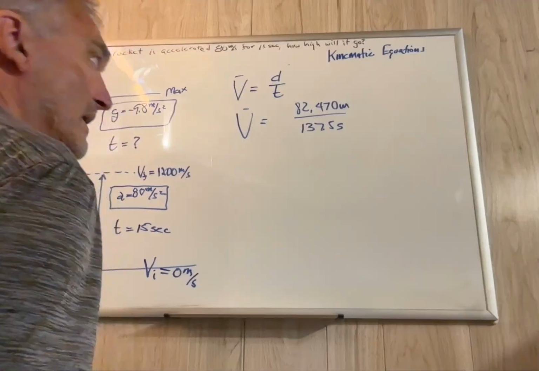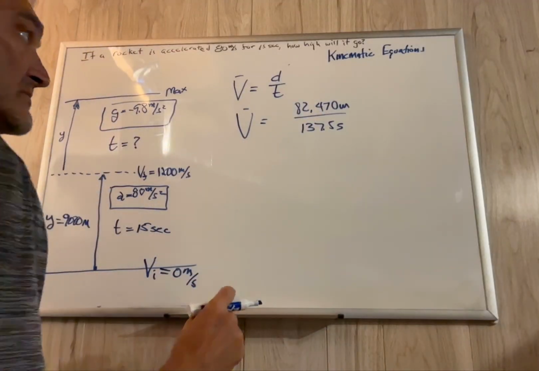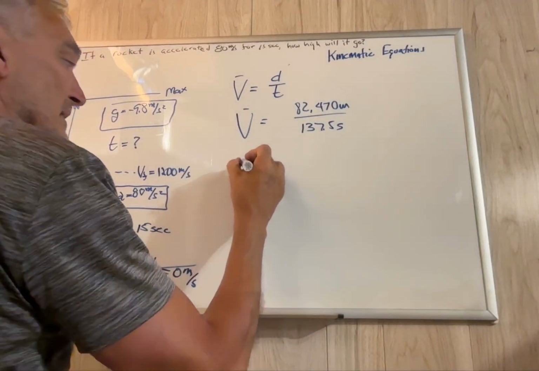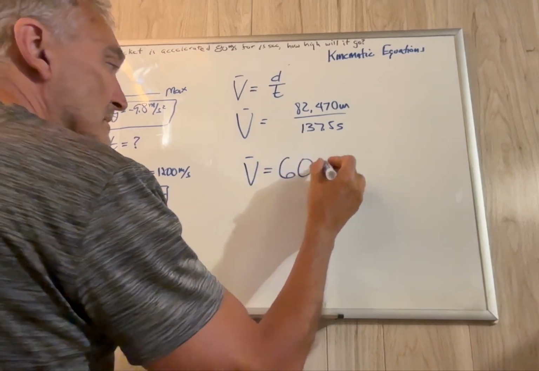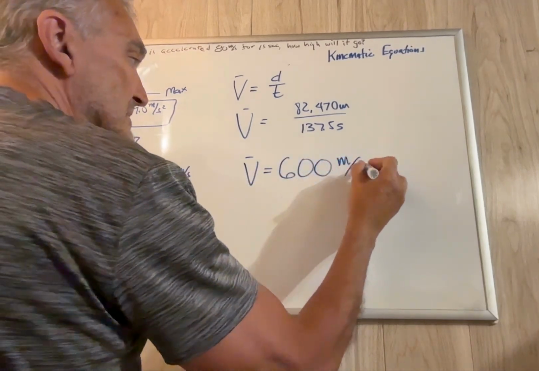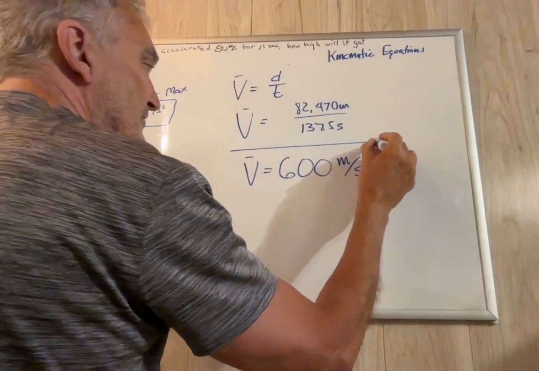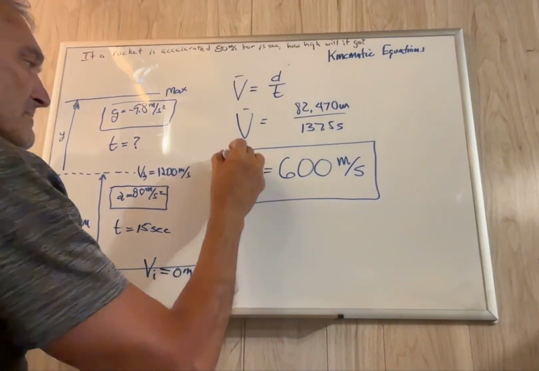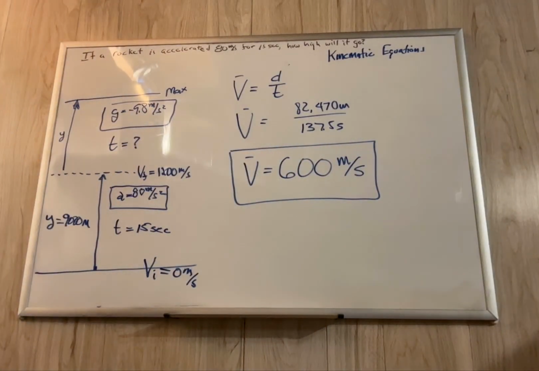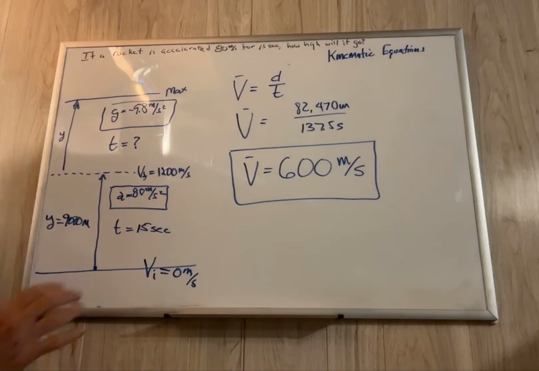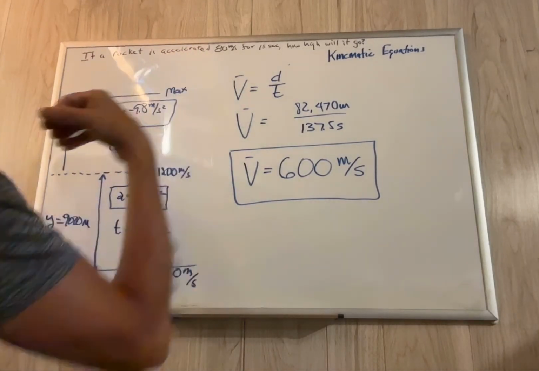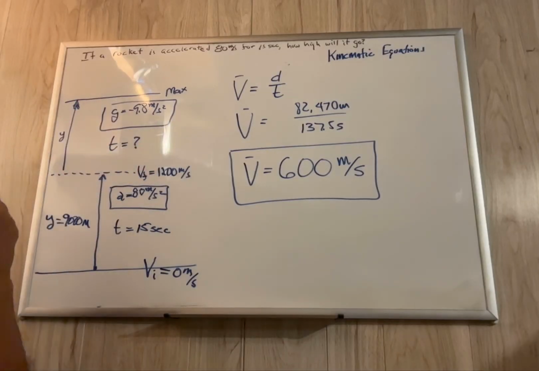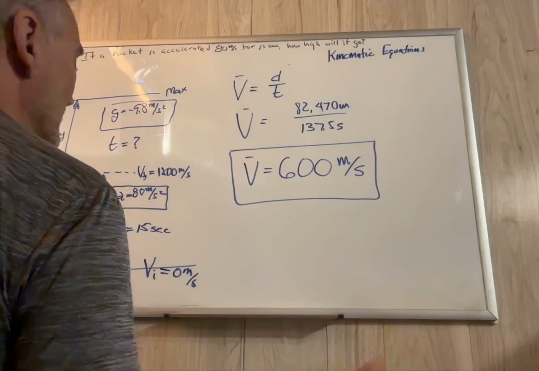Let's see what the velocity average is. I think you'll be surprised. Okay, 82,470 divided by 137.5, the velocity average comes out to be about 600 meters per second. It's actually 599.8 something. So there you go. This is how you would do a problem when they say if a rocket is accelerating 80 meters per second squared for 15 seconds, how high will it go?